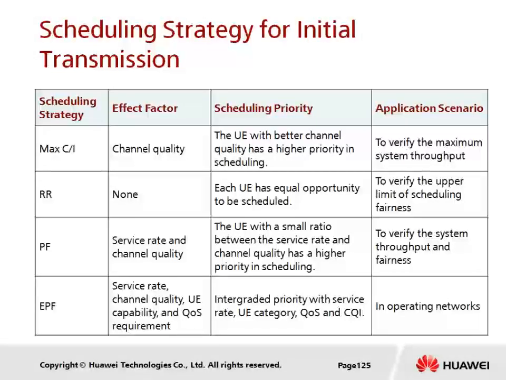All of these parameters which are within the QoS requirement are considered. And priority has been integrated with the service rate, UE category, QoS, and CQI. So enhanced proportional fair is the so far most comprehensive scheduling algorithm used in LTE.